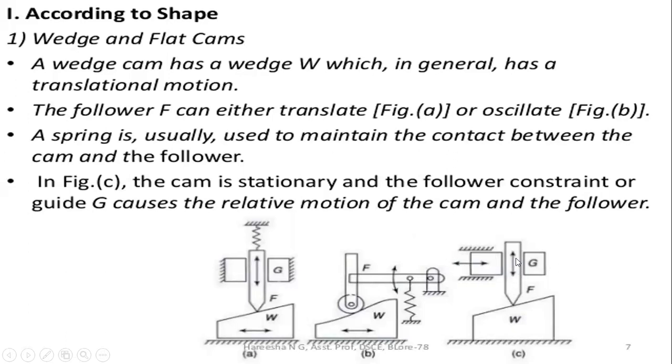There the follower is sliding, and here the cam is stationary because there is no movement in the cam, and the follower constraint is G, which is related to the cam and follower.